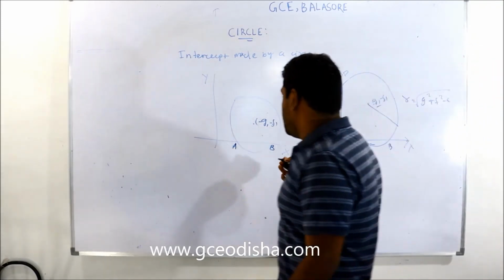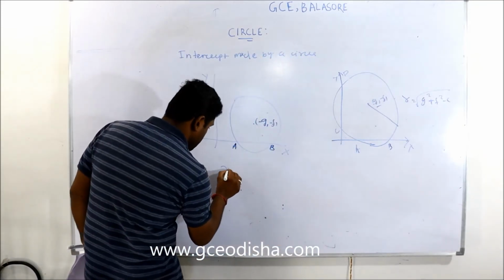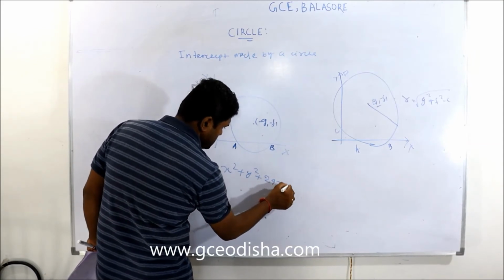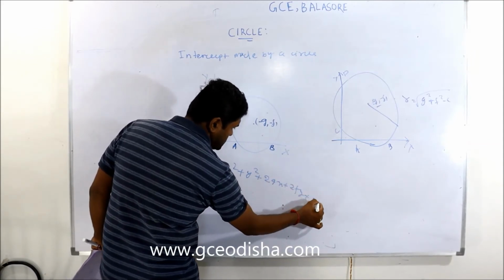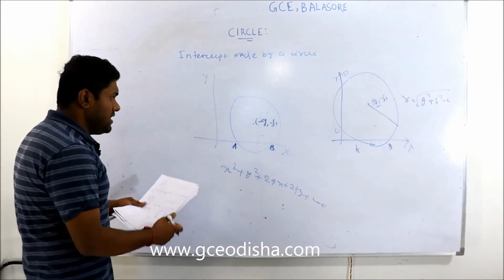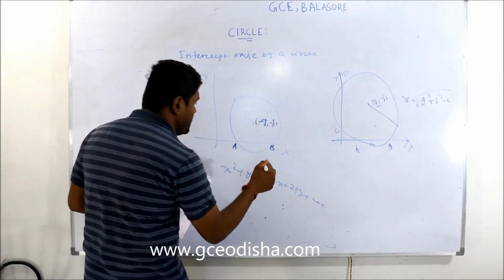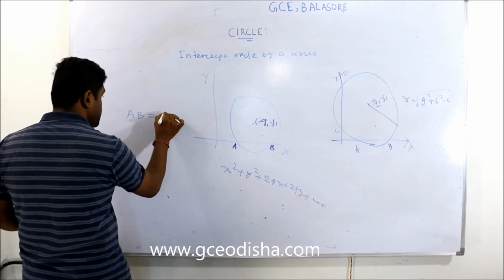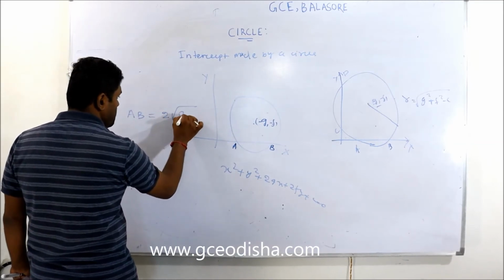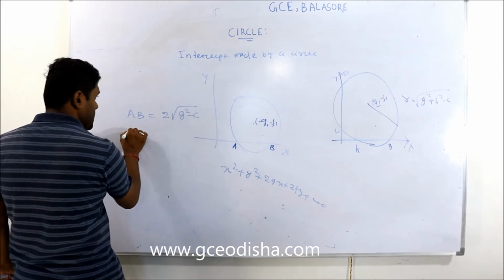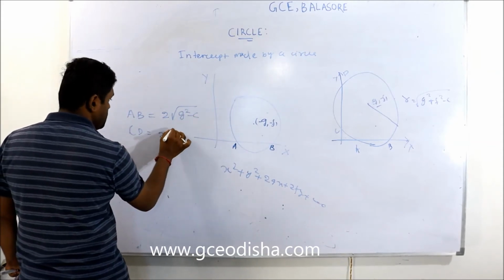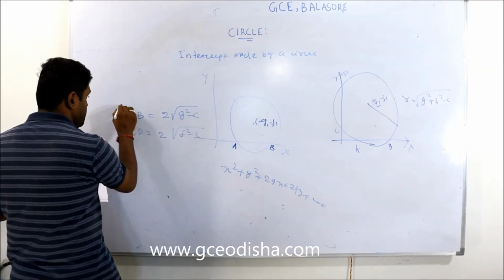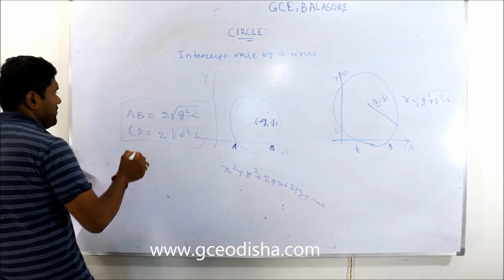The equation of the circle is x square plus y square plus 2gx plus 2fy plus c is equal to 0. The intercept AB is equal to 2 root over of g square minus c, and the intercept CD is 2 root over of f square minus c. This is the formula.